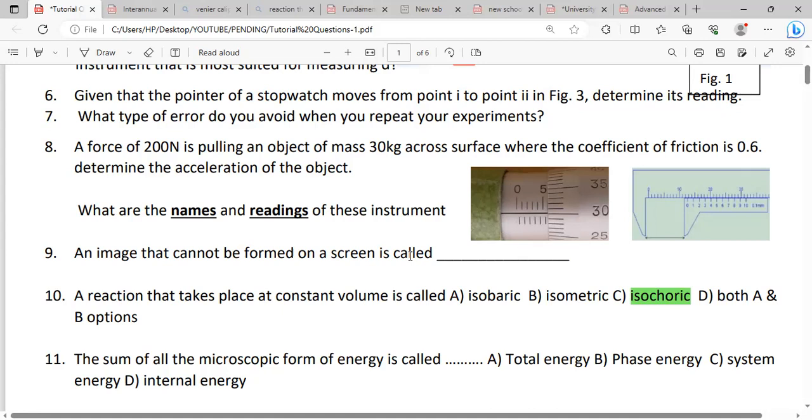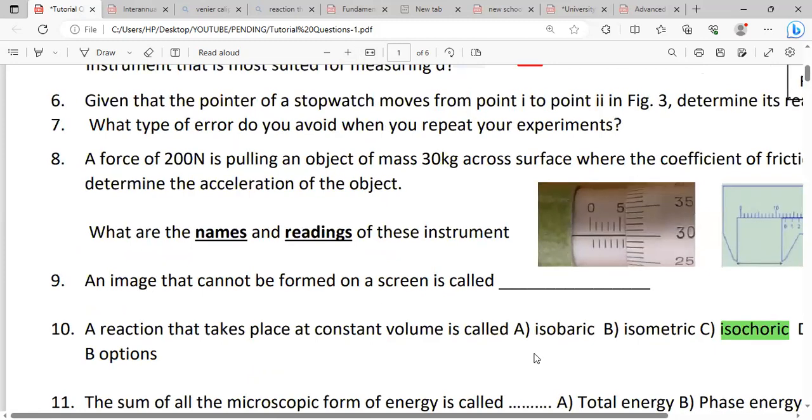A real image is one that is formed on a screen. This one says, a reaction that takes place at constant volume is called isochoric. Option C here. Let me make this green so you can see it.